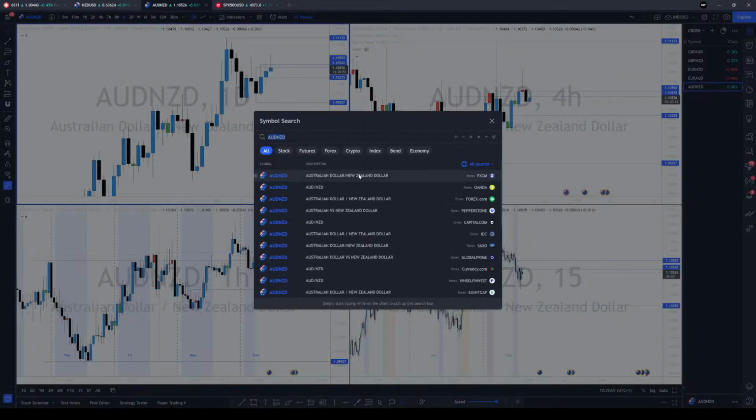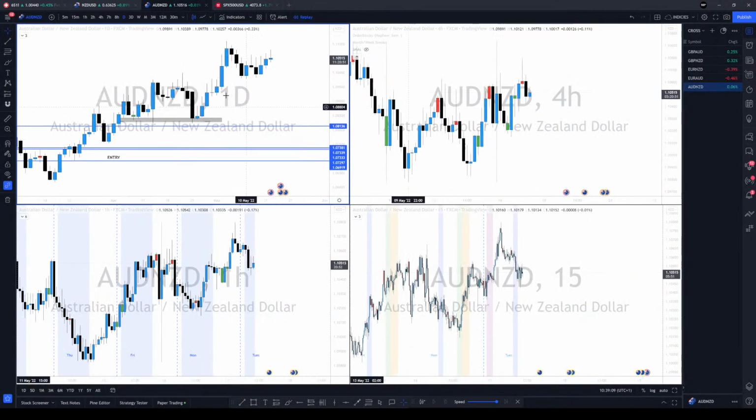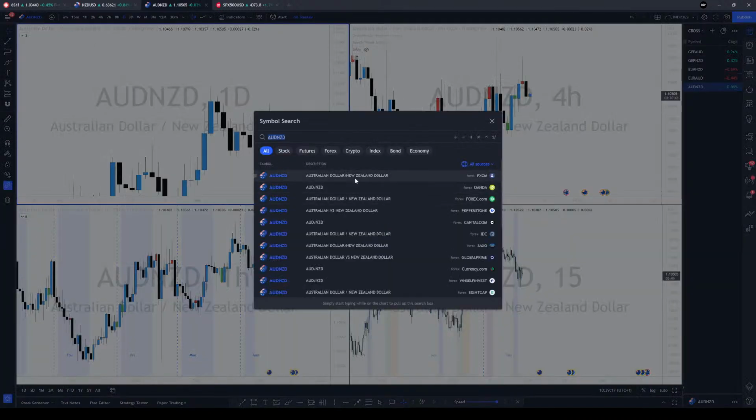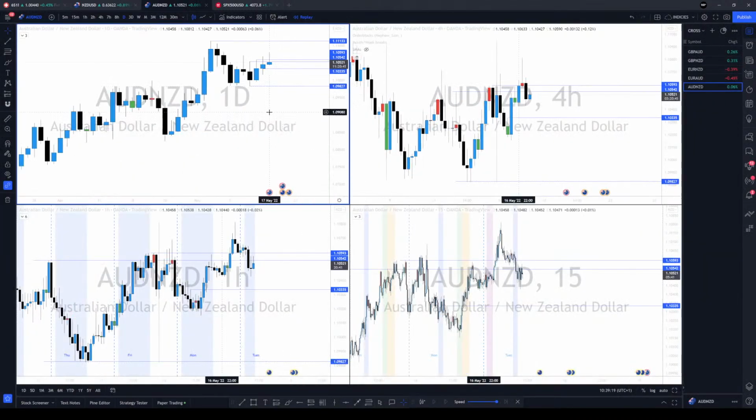What data feed do you have? It's not a red candle. Unless your settings are using this as a swing high, and then it'll paint this one red.